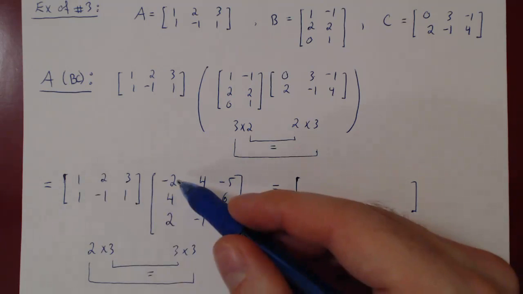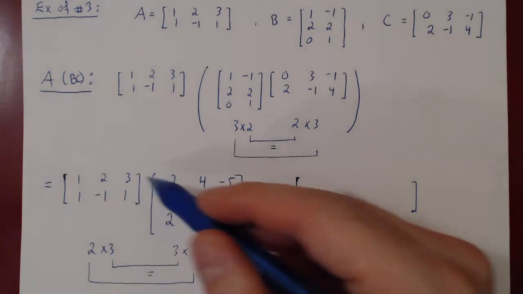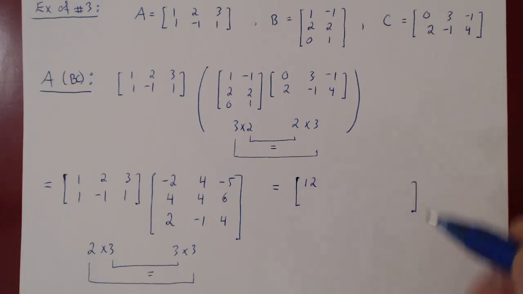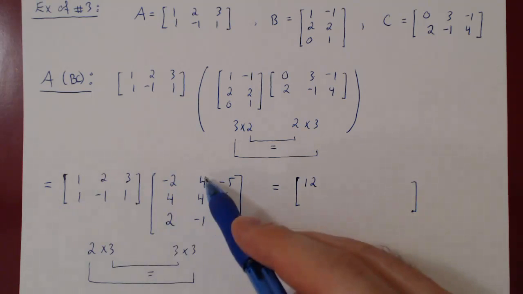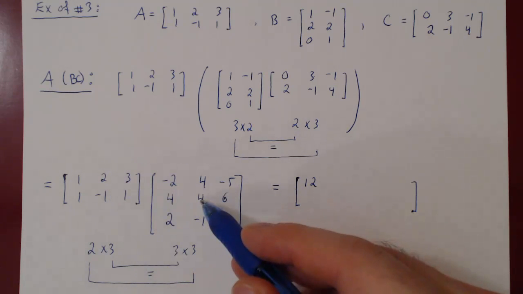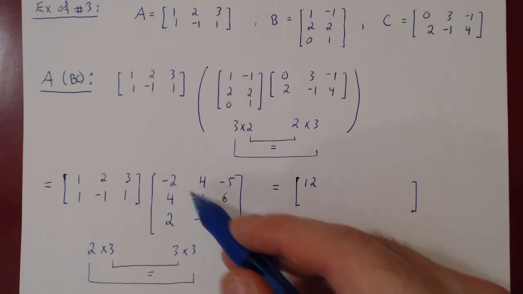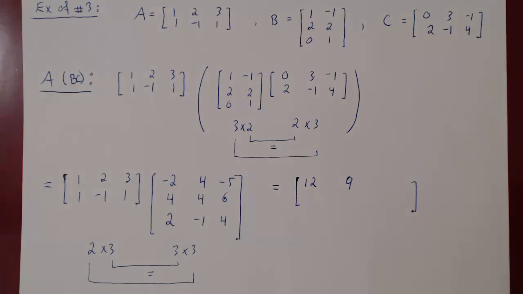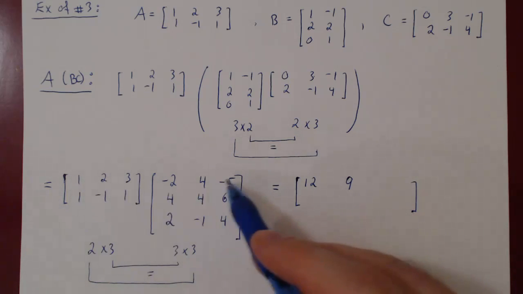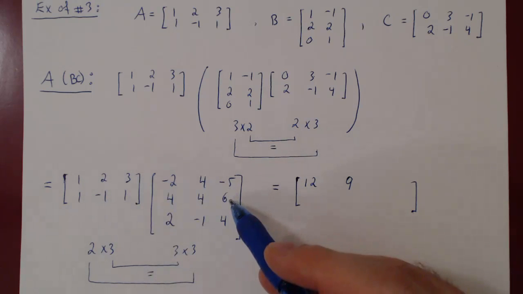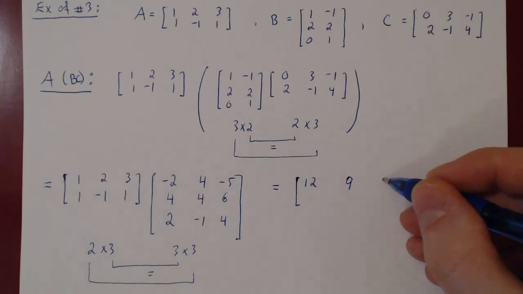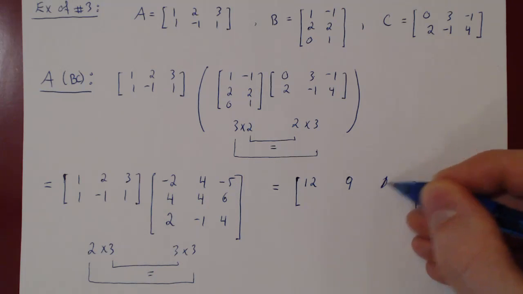So we'll have negative 2 plus 8, 6 plus 6, 12. Then we'll have 4 plus 8, 12 minus 3, 9. And finally, we'll have negative 5 plus 12, 7 plus 12, 19.